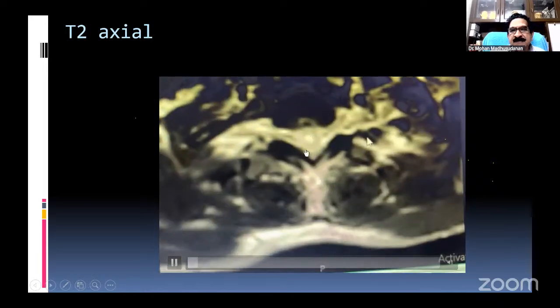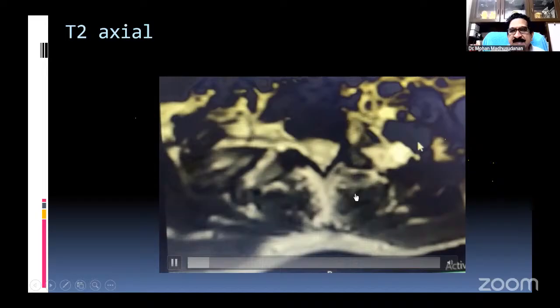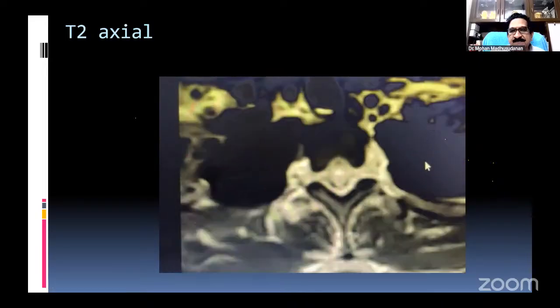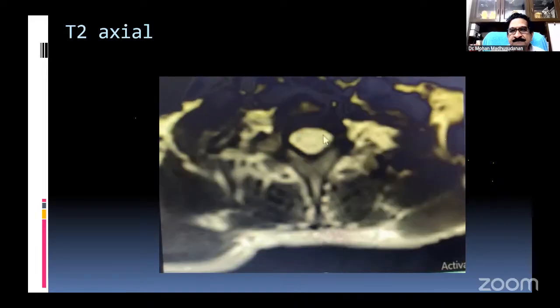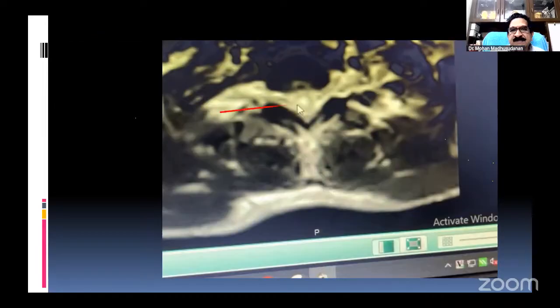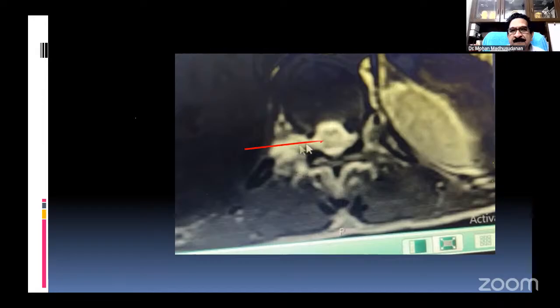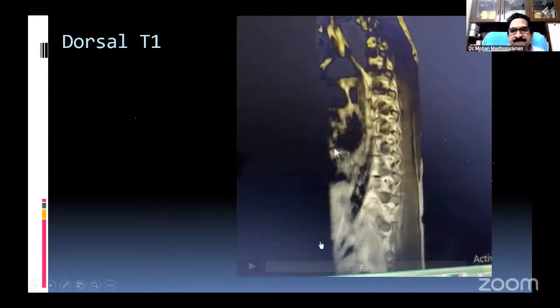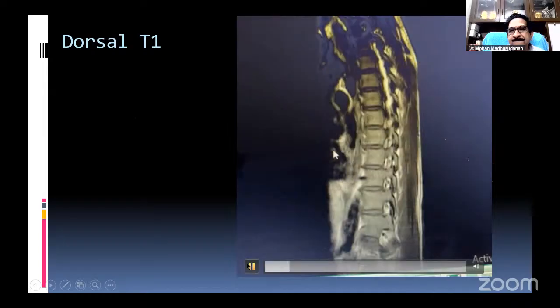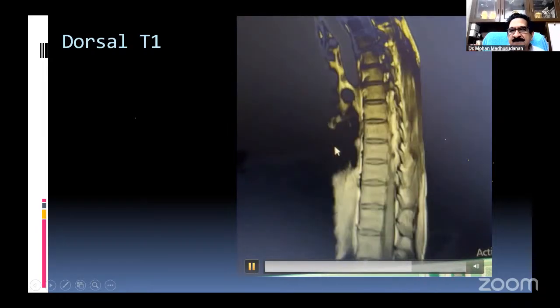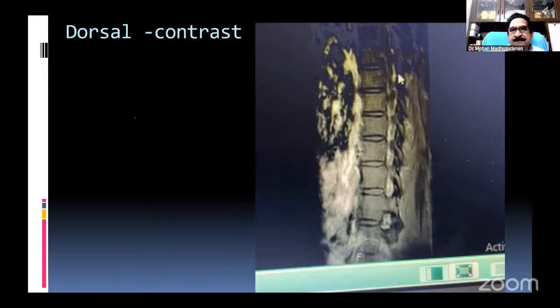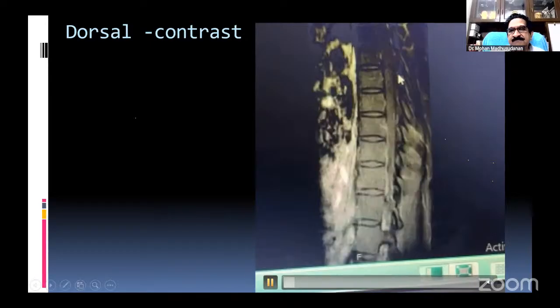Again, you can make out the hyperintensity within the cord. I will show the static screenshot later on. This is hyperintensity in the cord. This was taken from the CD, that is why the quality is very poor. T1 is non-contributory. T1 contrast, again no contrast enhancement.